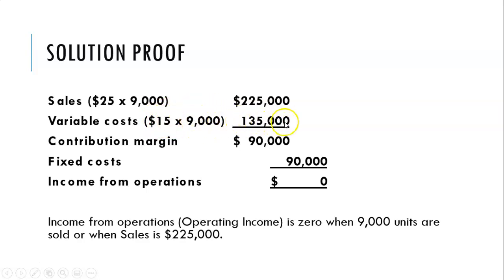That's 135,000. If I take 225,000 sales minus 135,000 variable costs, that gives me a contribution margin of $90,000. I have fixed costs of 90,000, so my 90,000 contribution margin minus my 90,000 fixed costs equals 0 operating income. So this proves that by selling 9,000 units, or selling 225,000 in sales, I will come up with a break-even of 0.